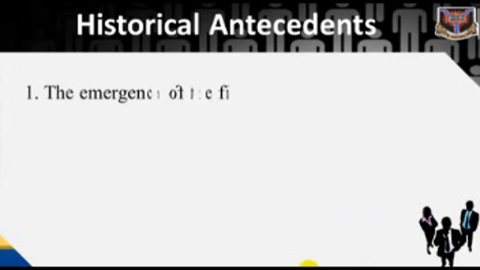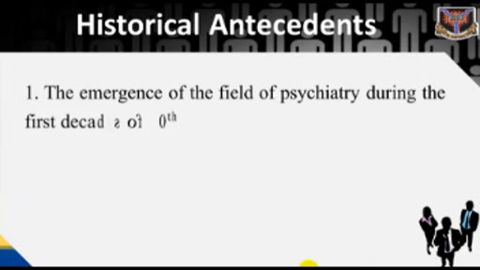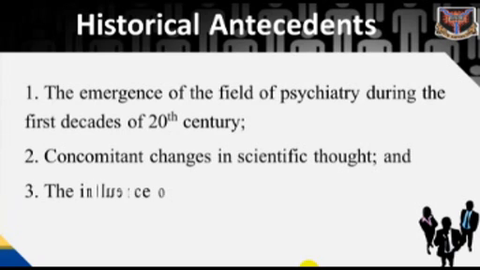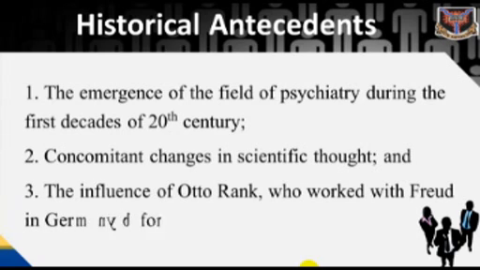The emergence of the field of psychiatry during the first decades of the 20th century. 2. Concomitant changes in scientific thought. And 3. The influence of Otto Rank, who worked with Freud in Germany before World War I.